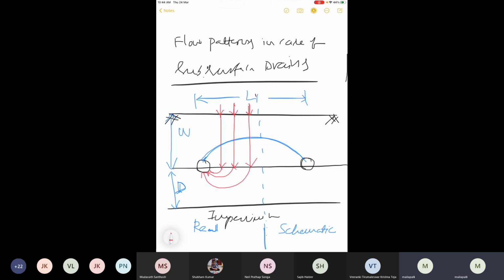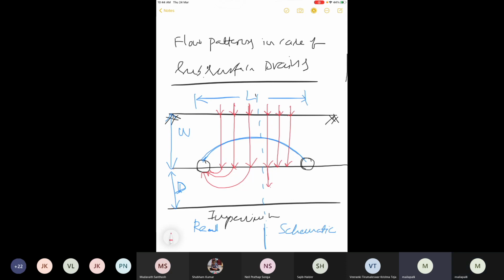But theoretically, we make it into three flow paths. Similar to the real case, there is a vertical flow down. Then, instead of taking the radial path from here, it first flows horizontally.